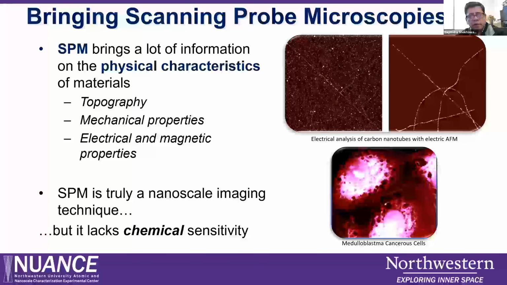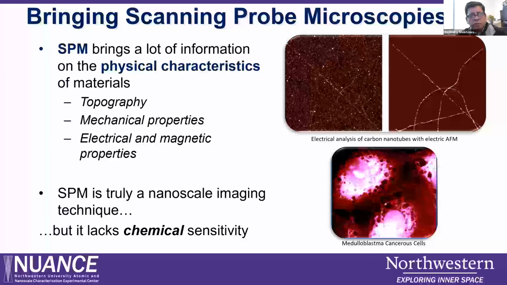The idea behind acquiring this technology is how we can combine the scanning probe microscope with other available analytical techniques to make it a powerful system. The scanning probe microscope brings surface topography, mechanical properties, electrical, magnetic. It's a truly nanoscale imaging technique, but it lacks chemical sensitivity.